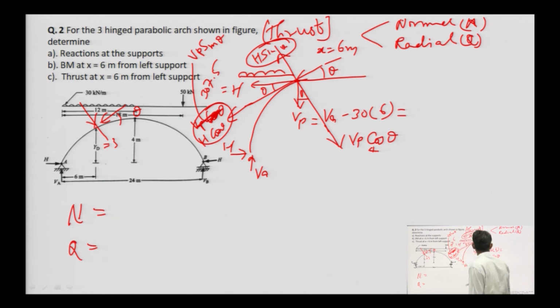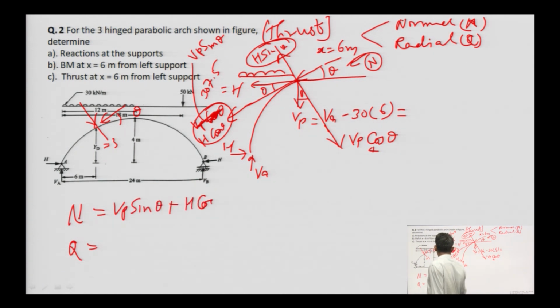So, the value of N is Vp sin theta plus H cos theta, and Q, if we are taking it in this direction, is Vp cos theta minus H sin theta.